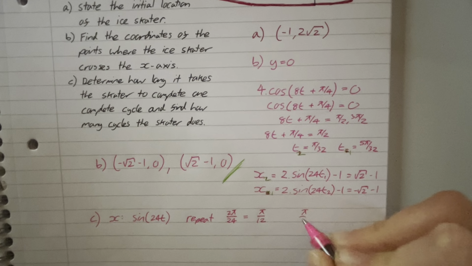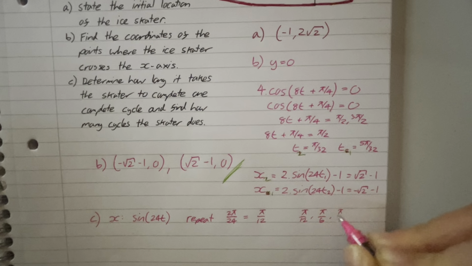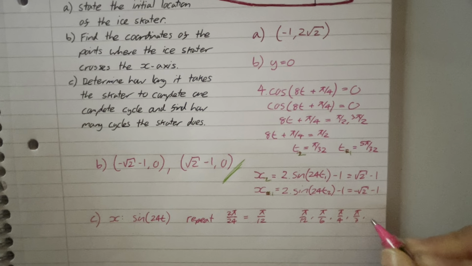So we're going to have pi on 12, 2 pi on 12, which is pi on 6, 3 pi on 12, which is pi on 4, 4 pi on 12, which is pi on 3, and so on.